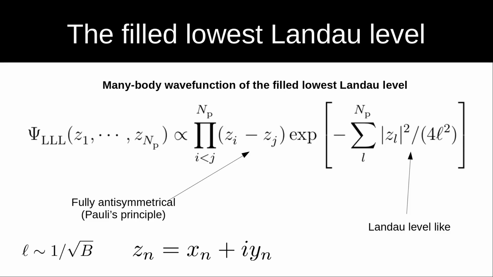So if we just make a Slater determinant of all the zeroth Landau level wave functions, the exponential part can be multiplied and the exponents can be summed up, and that's how you get the formula that you see over there. So in short, this is the many-body wave function of the filled lowest Landau level, and it directly comes from considering a wave function that has all the possible zeroth Landau levels, so in particular all the possible powers, and that is fully antisymmetric.